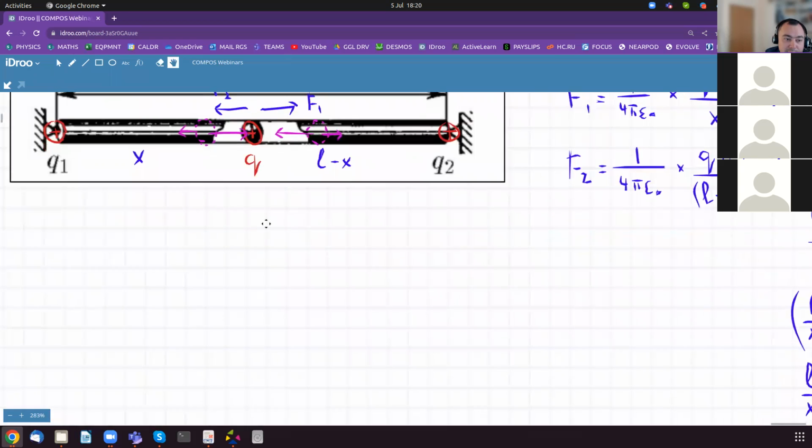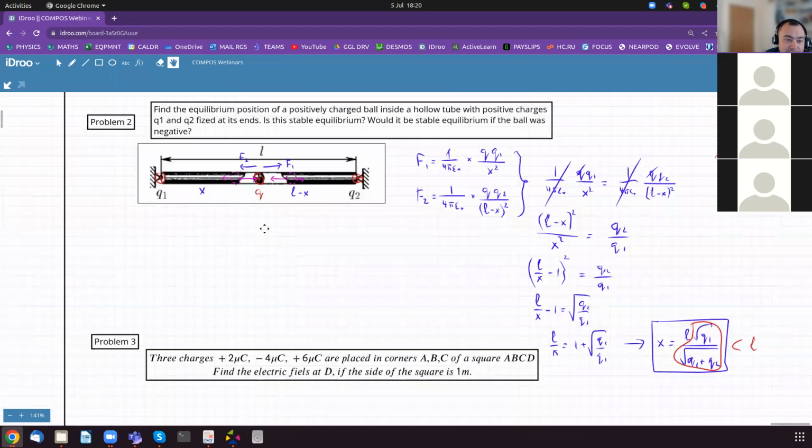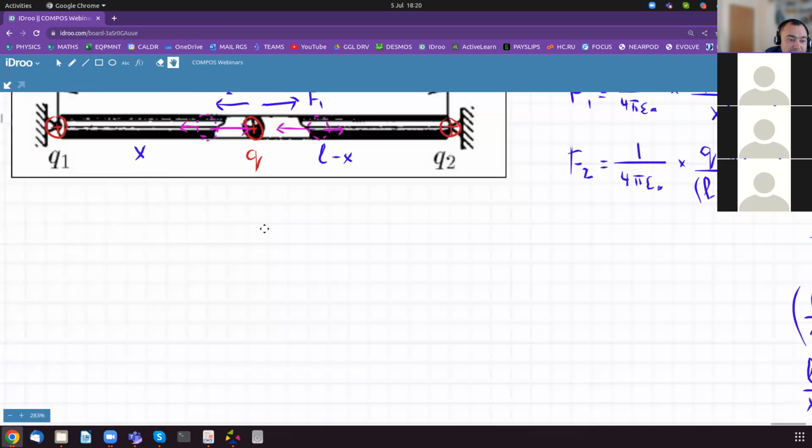What about if the ball was negative? Well, if the ball was negative and it was in equilibrium, you have a force from the left, which is F1, and a force to the right, which is F2. F1 is pulling, not pushing this time.